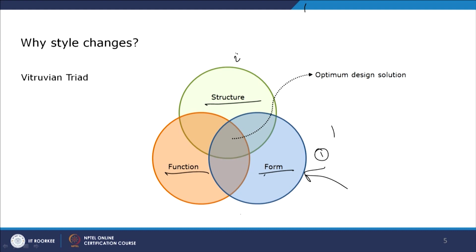The next is the structure, or firmitas, which is closely related with the material and new construction techniques. So in the 1920s onwards, the post-industrial revolution, there were a lot of changes in technology, which started from the Renaissance, accumulated with the Renaissance knowledge, and then the new style and new construction techniques evolved during the industrial revolution.